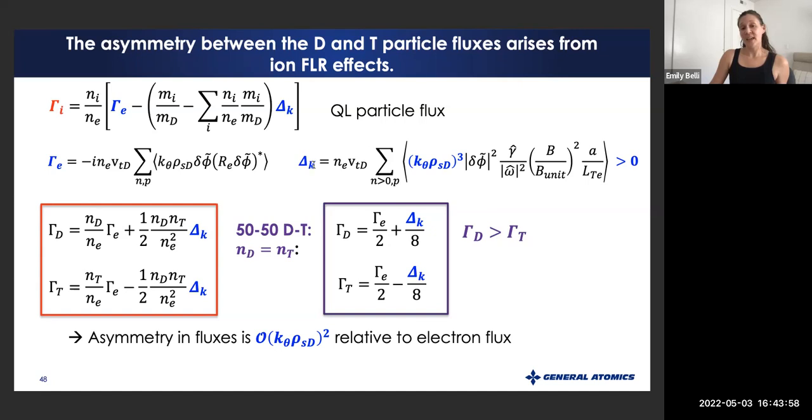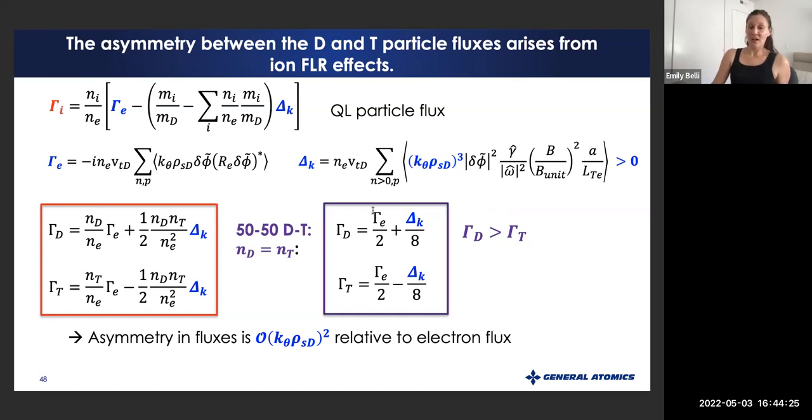Furthermore, since delta K is independent of the ion species and is positive for positive temperature gradient scale lengths, the result implies that at 50-50 DT, not only is there an asymmetry between the deuterium and tritium particle fluxes, but also that for arbitrary turbulence regimes, gamma D is more positive than gamma T, indicating that the tritium is better confined.